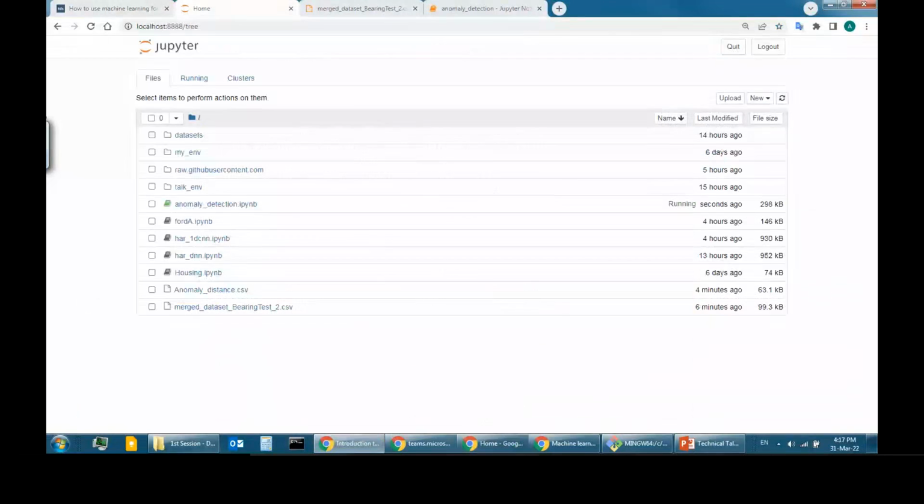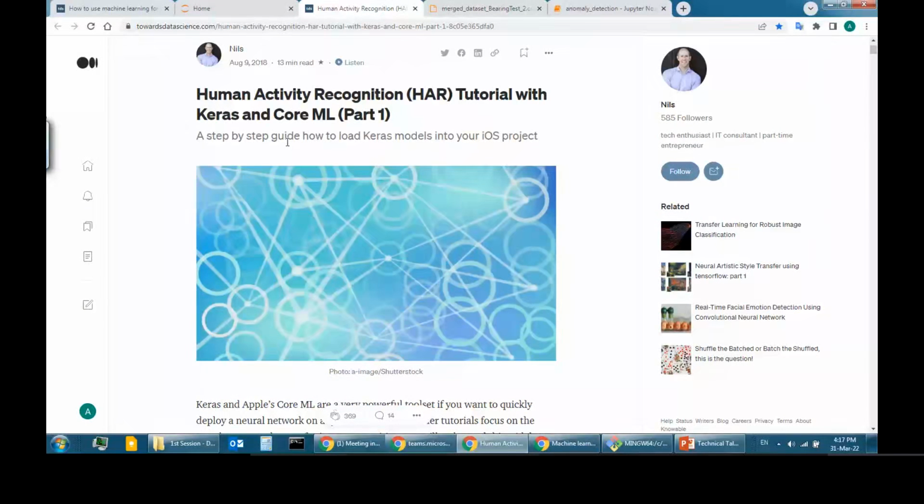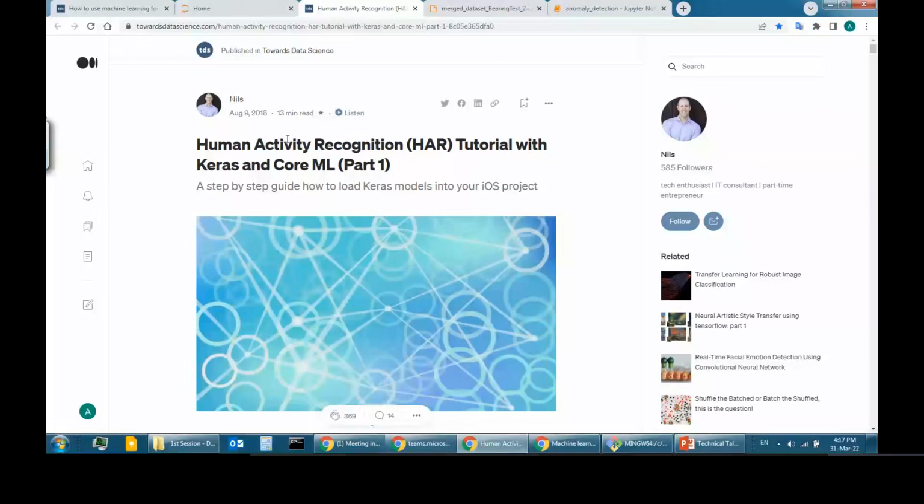I gave this one to another student, actually, but it can be used by anybody who has a similar problem. This tutorial is about human activity recognition from acceleration data. So you have acceleration data and you want to guess the human activity. Is it walking? Is it jogging?